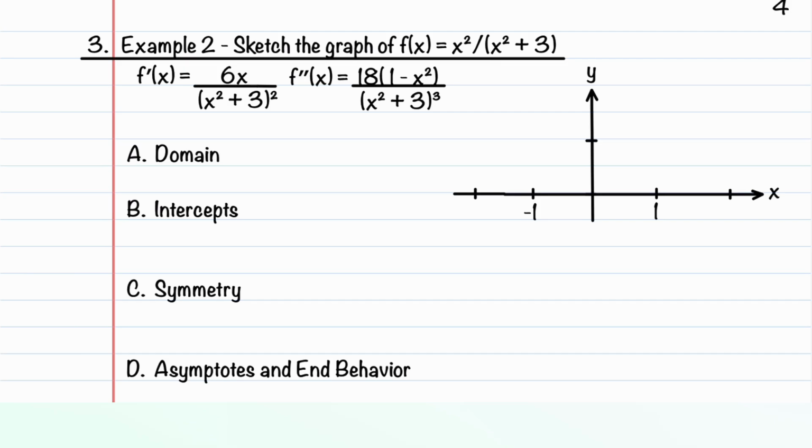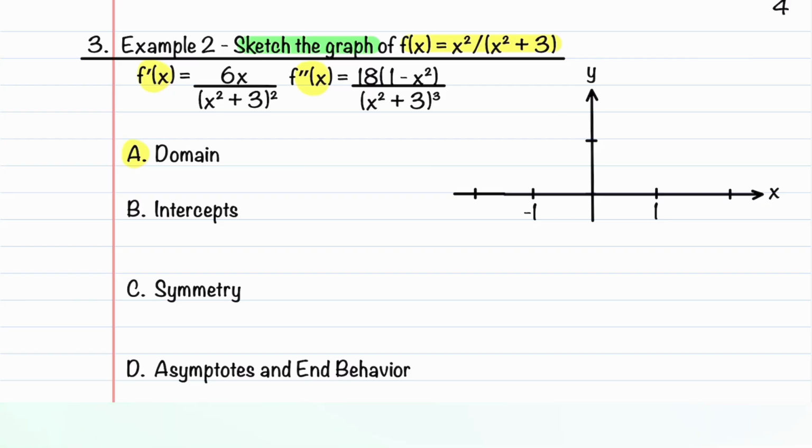We're now going to sketch the graph of a rational function. F of x is x squared divided by x squared plus 3. Just to make things easier, I already calculated the first derivative and the second derivative, so we can just focus on learning how to graph the function. Let's first look at the domain.